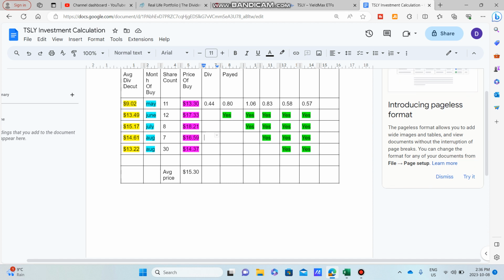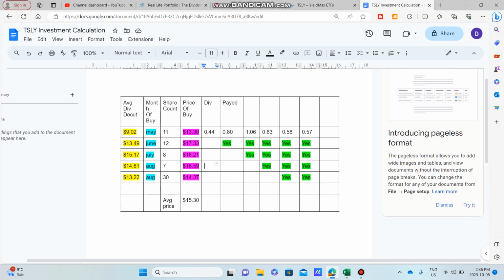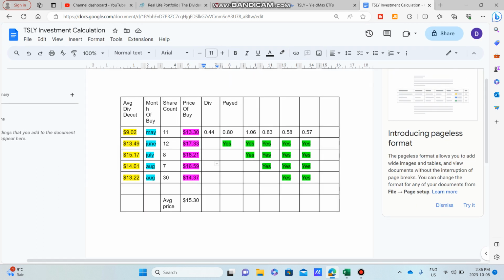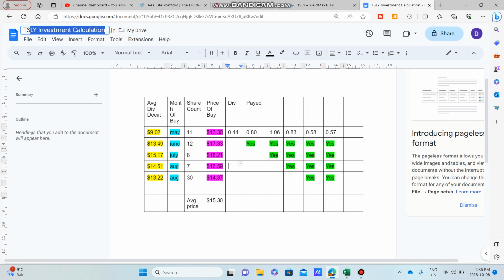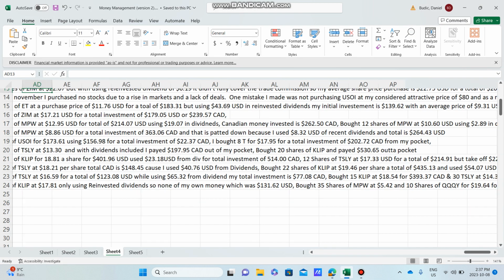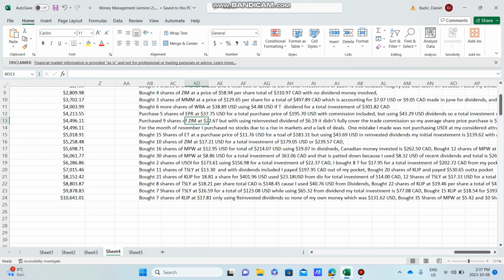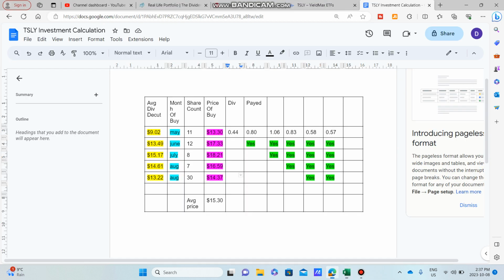As you can tell, I'm smiling in this video, and that's because I have something exciting to share with you guys today. As you can see here, I made this chart. At the top left of my screen, it says TSLY investment calculation. Instead of showing you my Excel chart and taking you through the words of when I bought TSLY and the prices I bought it for, I decided to create a chart showing you the price of each of my buy points and the share counts of each buy, so you know how many shares I bought at each price.